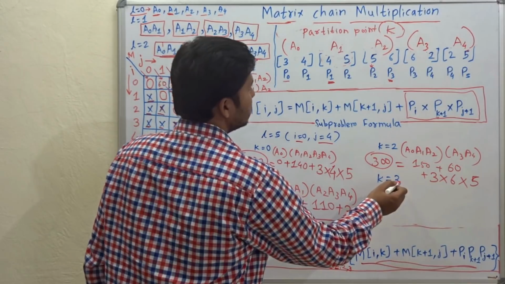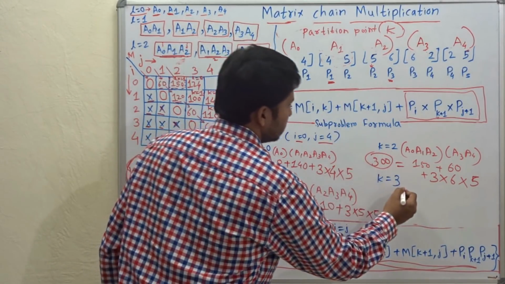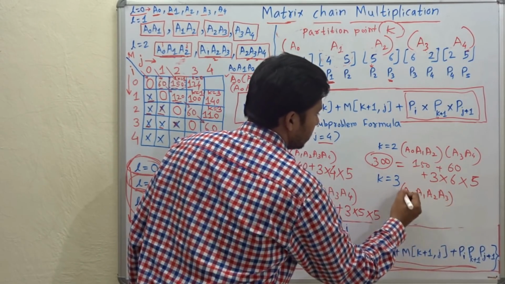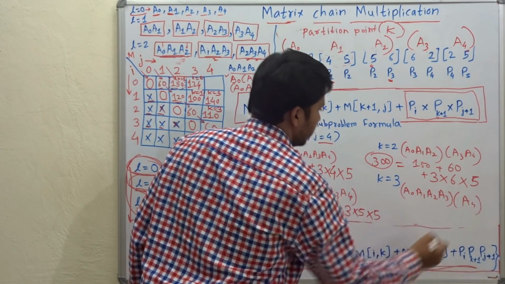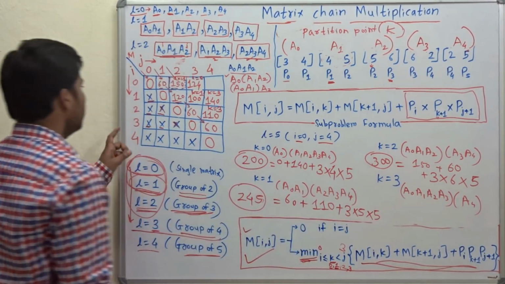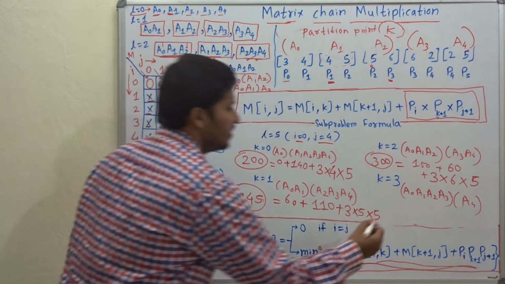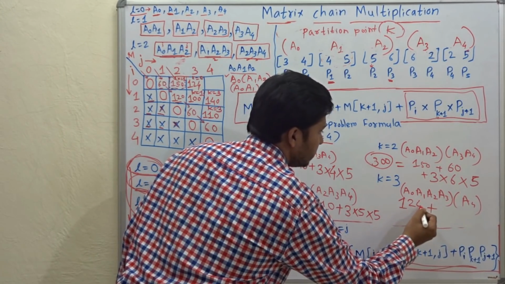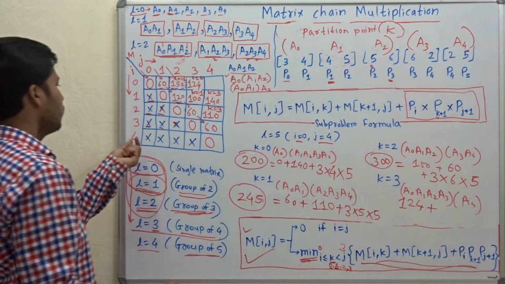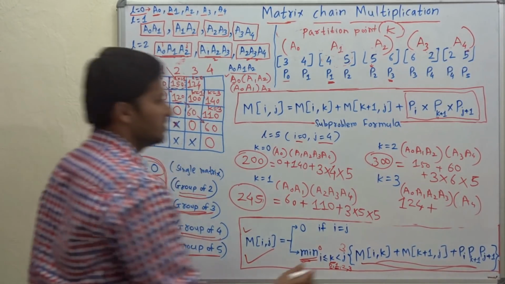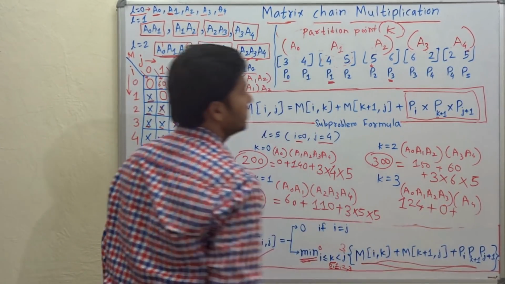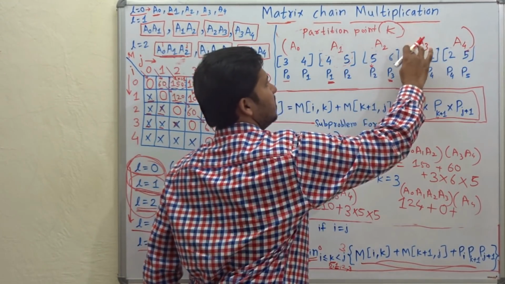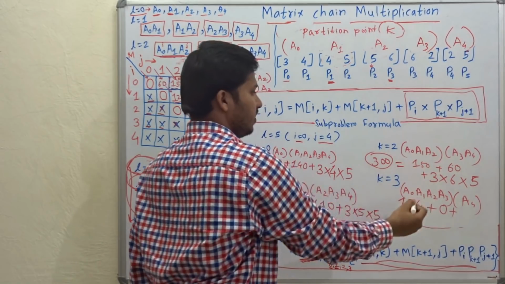Now for k equal to 3, let's see, A0, A1, A2, A3 is one partition and A4 is the second partition. So for 0 to 3, 124 is the cost, plus for A4, 0 is the cost, plus now see, the partition is A0 to A3 and A4 is the second partition.